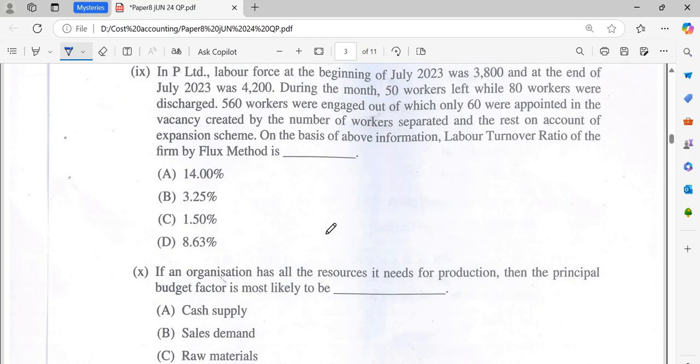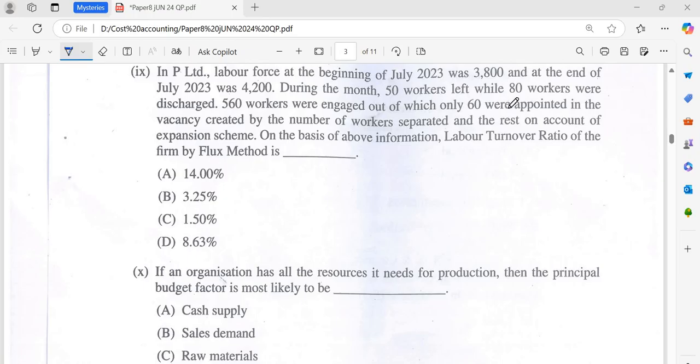Then moving on to the ninth problem. In P, labor force at the beginning of July 2023 was 3,800, and at the end of July 2023 was 4,200.